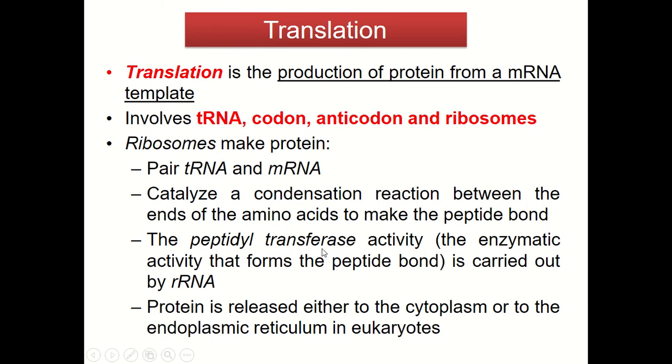The peptidyl transferase activity is carried out by the rRNA, ribosomal RNA. That's why you need to know about the tRNA, mRNA, and also rRNA. Then the protein is released either to the cytoplasm or to the endoplasmic reticulum in eukaryotes. But the translation process that I will show you later is for protein released to the cytoplasm.